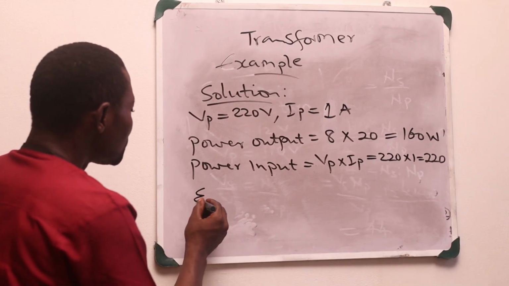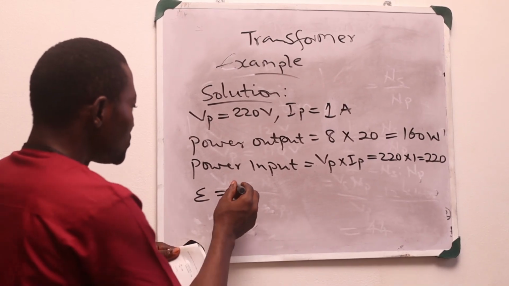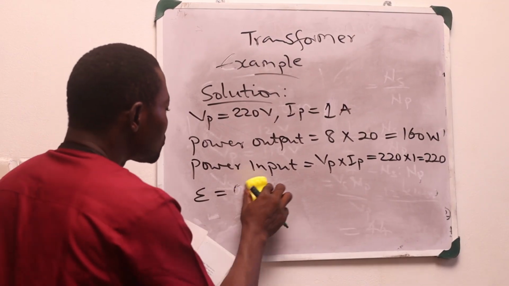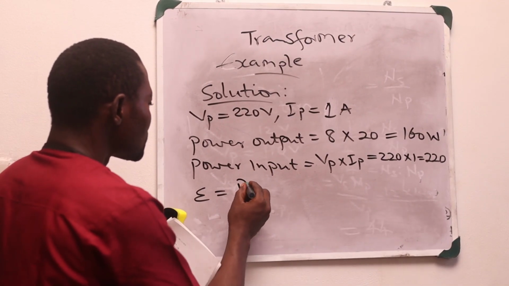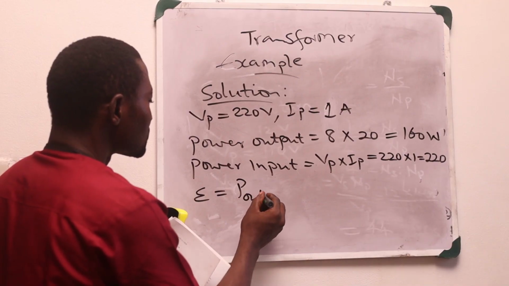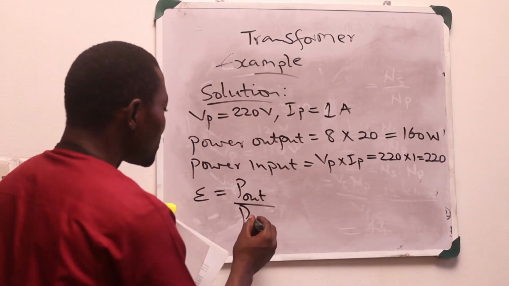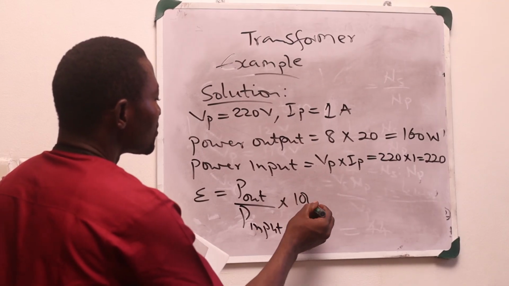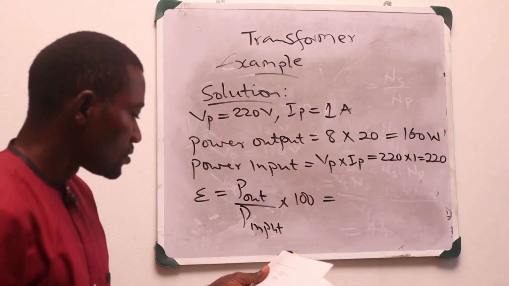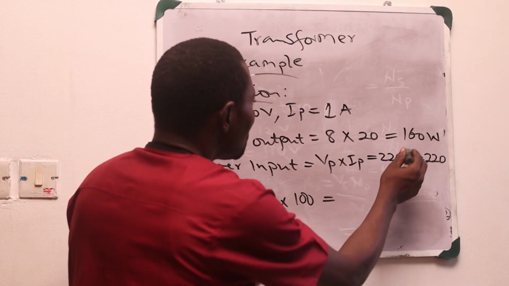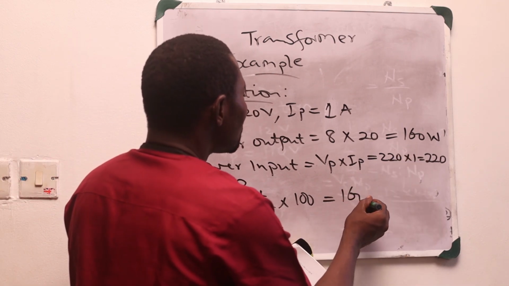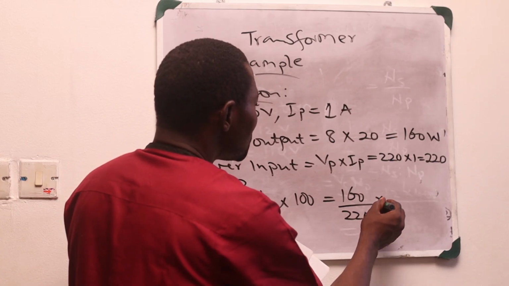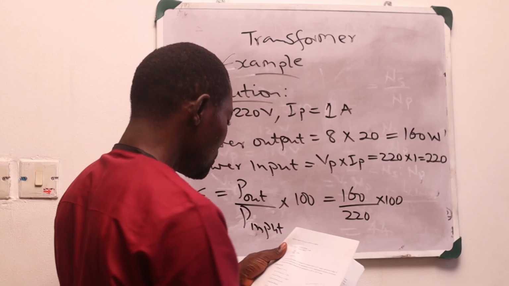Then the efficiency of the transformer, we say, is power output over power input times 100. So if we substitute, the power output is 160, the power input is 220, times 100.